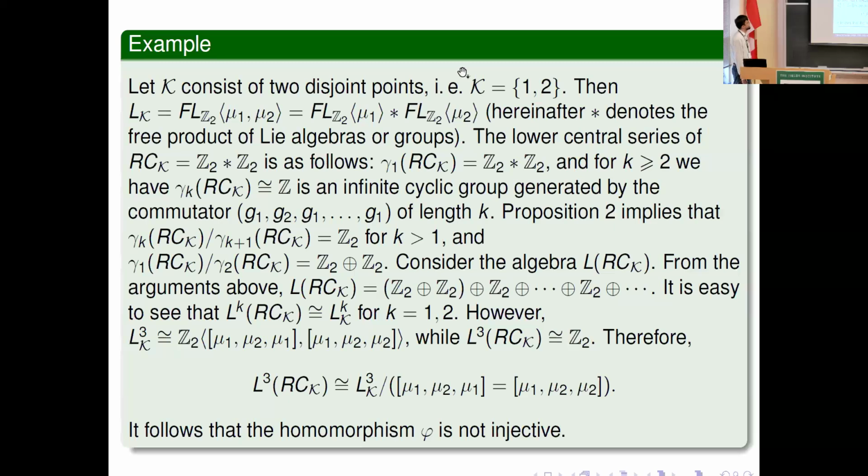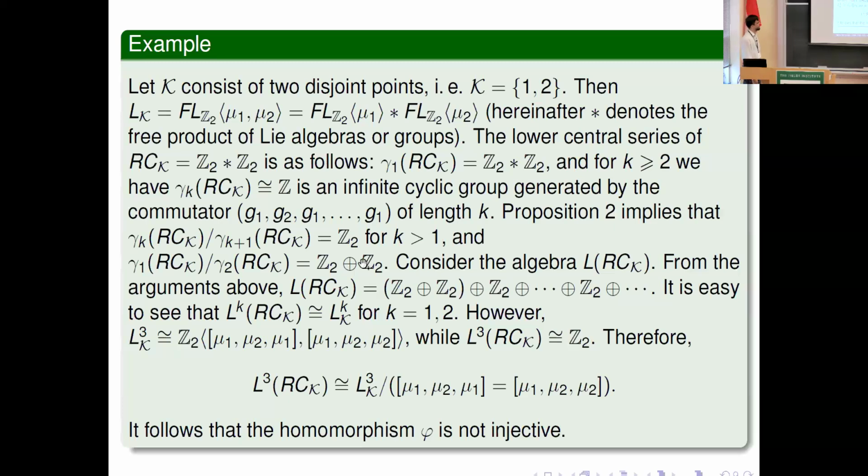The lower central series of RCK is as follows: gamma 1 is Z2 free product Z2, and for k more than 2 we have that gamma k equals Z, an infinite cyclic group generated by the commutator of length k. Proposition 2 implies that gamma k by gamma k plus 1 equals Z2 for k more than 1, and gamma 1 by gamma 2 is Z2 plus Z2.